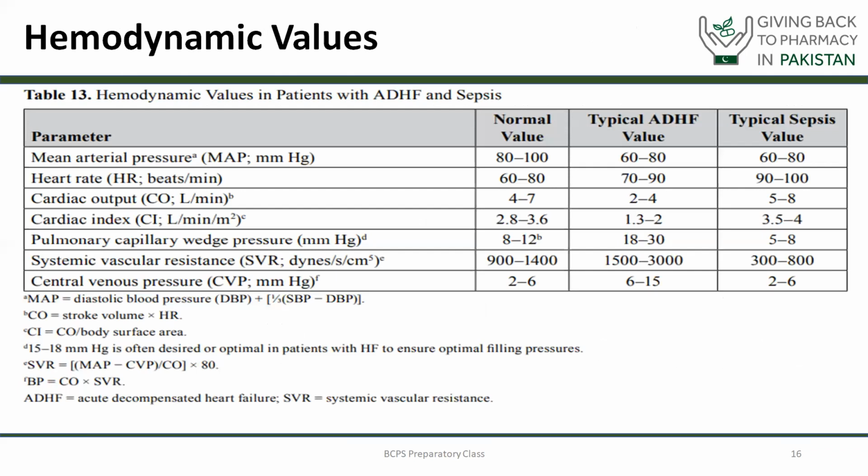These are some hemodynamic values, like we discussed also in congestive heart failure. Mean arterial pressure: in ICU patients, mostly we are dealing with the mean arterial pressure, not systolic and diastolic blood pressure. Most of the time our target is above 65, because 65 is the arterial pressure at which your body organs are well perfused.